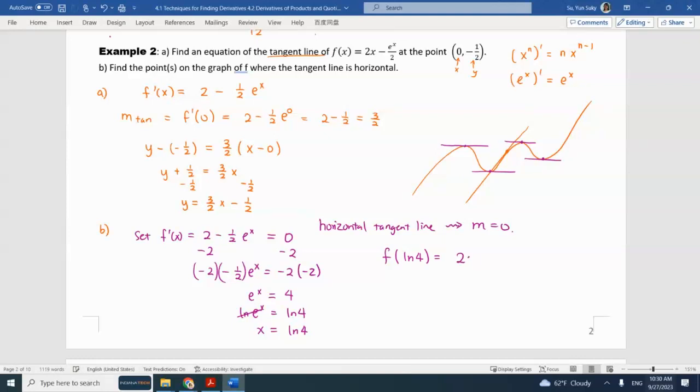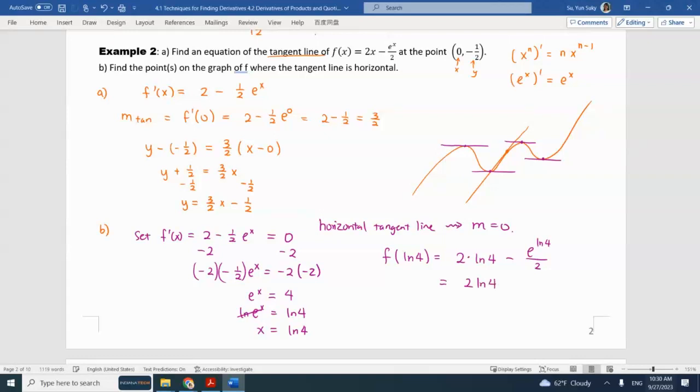So we get 2x, where x is ln4, minus e to the ln4 over 2. What is e to the ln4? 4, yes, e and ln are inverse functions, right? So this is 4. 4 over 2 is 2.